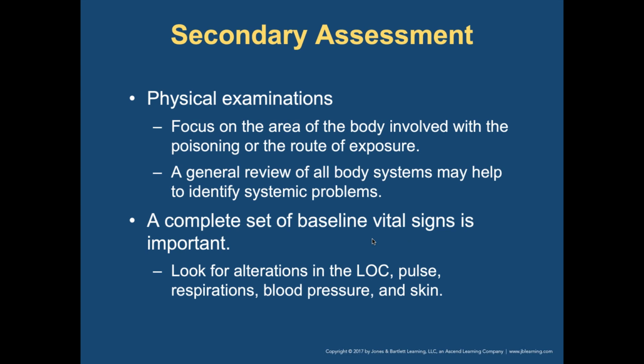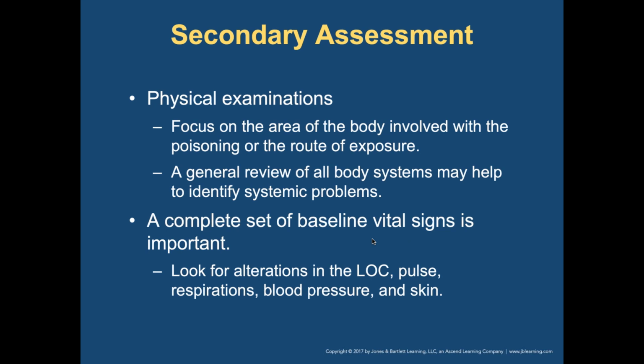Some poisons produce an outward indication of the seriousness of the exposure. So alterations in the level of consciousness, pulse, respiration, blood pressure, and skin are the most sensitive indicators that something is seriously wrong. So if they become flushed or their skin super palely white, well, maybe just because we're all coming out of winter and quarantine, that's not the reason.